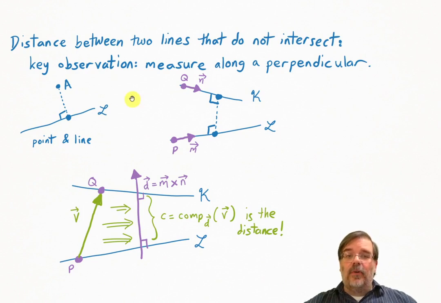All right, so the cross product is kind of the key here. We calculate the cross product of these two slope vectors, m and n, and we'll call that cross product the vector d. When this cross product vector passes through these two lines, it's going to be perpendicular to both.